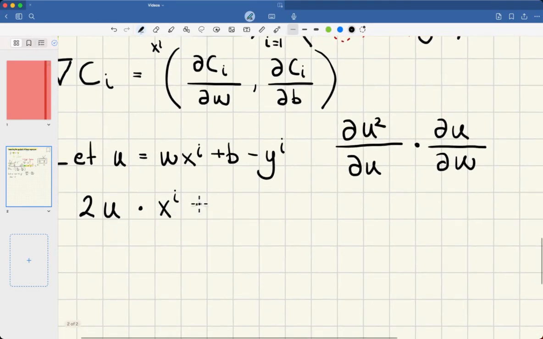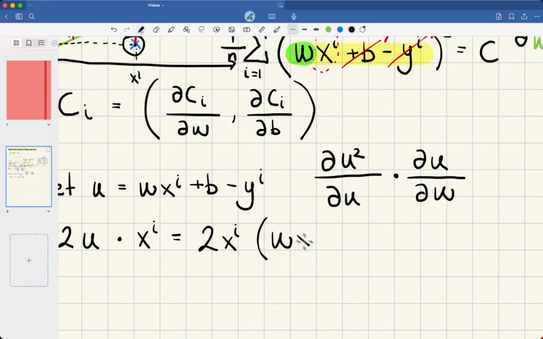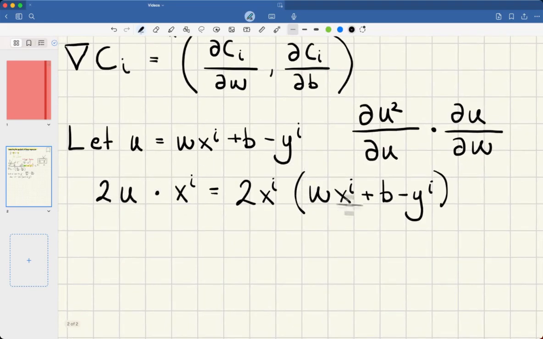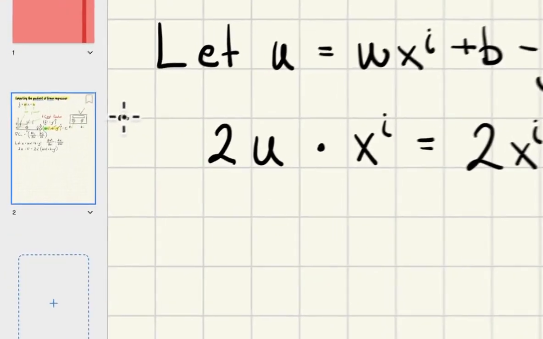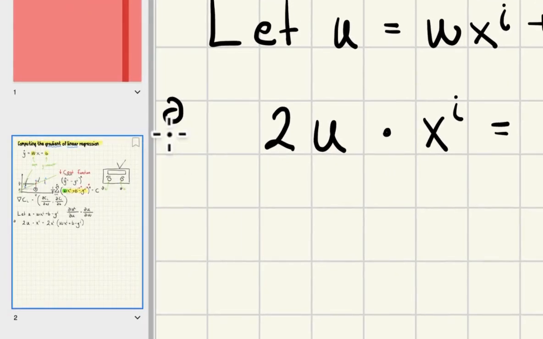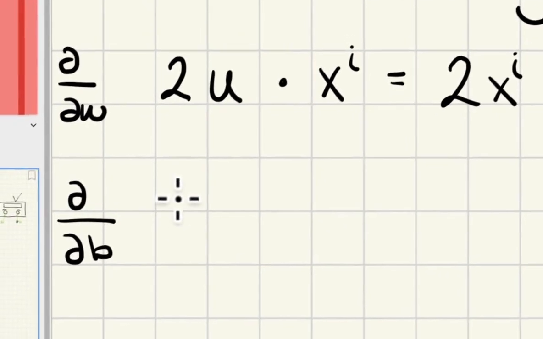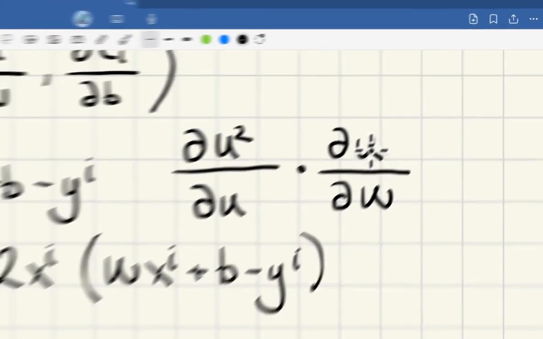And if we expand out, this is going to be 2xi, and then all things here. So (wxi + b - yi), just substituting the u back in here. And this is for the partial derivative with respect to w. But if we want to do the partial derivative with respect to b, it's going to be the same thing here. So it's going to be 2u. But now we're going to multiply by this with respect to b.